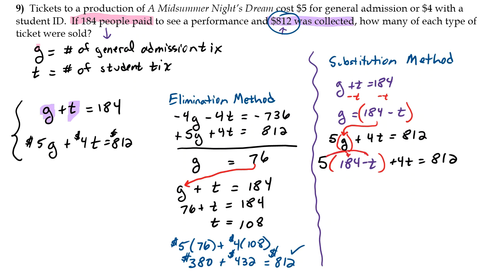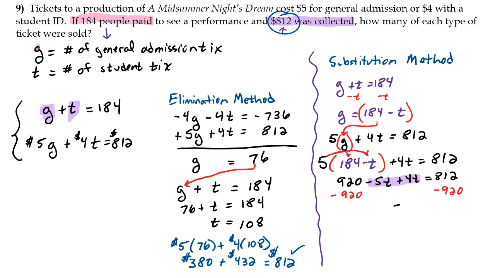All right, so now I have an equation with only one variable, which is t, so I can solve it. I'll start by distributing. So 5 times 184 is 920. 5 times t, and then I just bring the rest of this down. We can subtract this 920 over to the other side and combine these t's together.